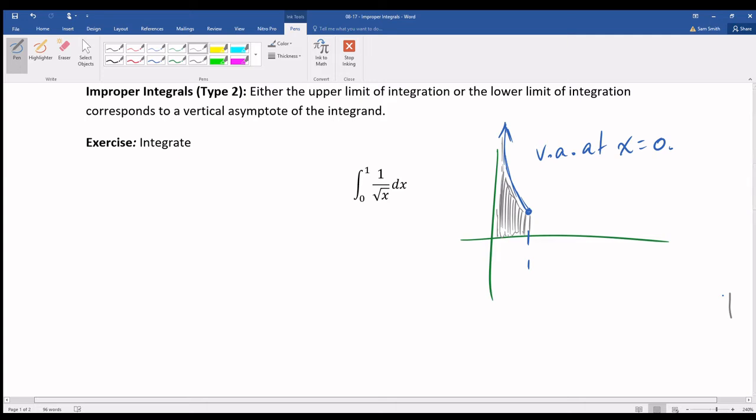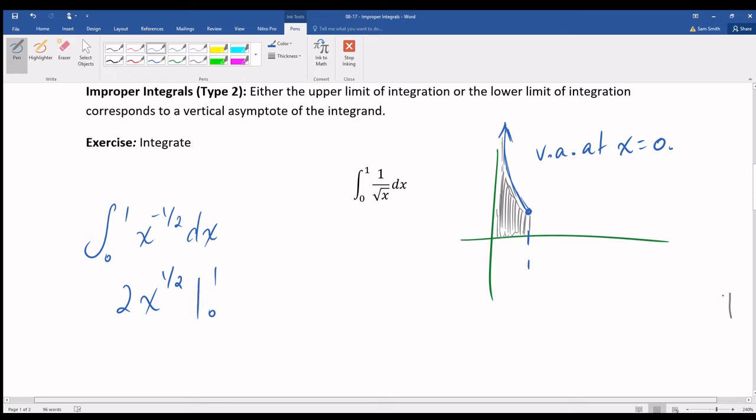Let's figure that out. Now, again, this process begins the usual way. For a definite integral, we begin by rewriting this integrand in whatever form is convenient, say x to the power -1/2, and then using whatever rule we need in order to find the antiderivative.